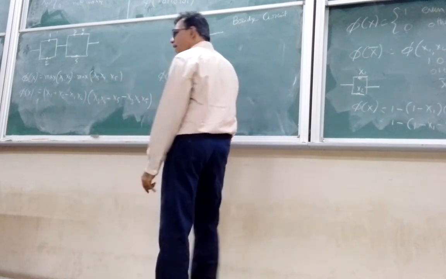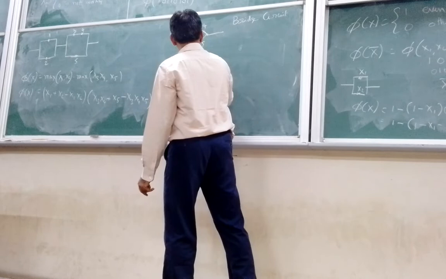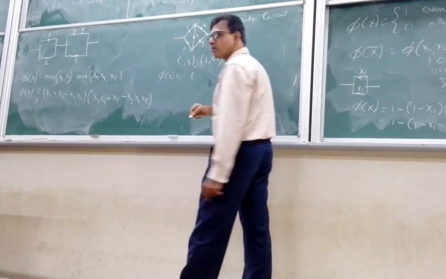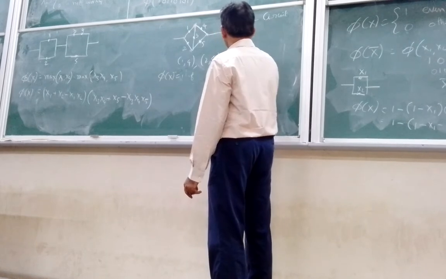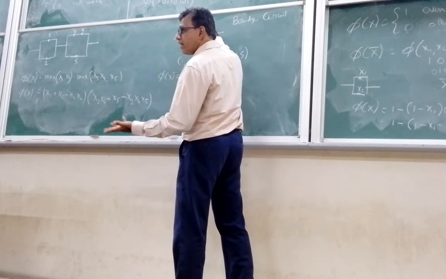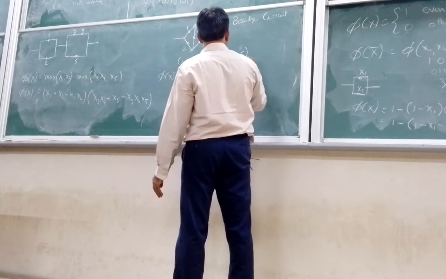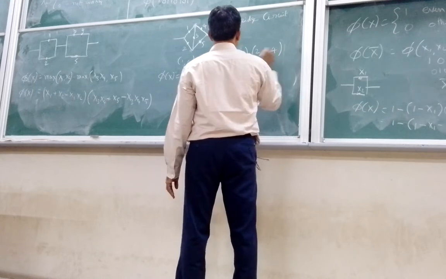Or can you tell any other way in which the system will be working? 2 and 5. Or 1, 3, 5. This way, even if 2 and 4 is a failure, doesn't matter. 1, 3, 5. And another is 4.